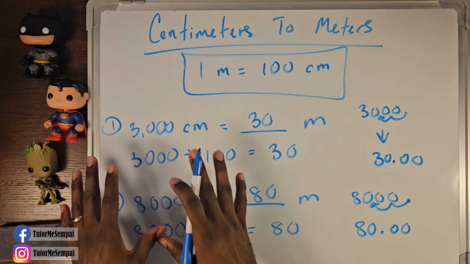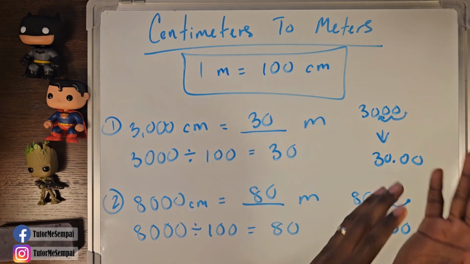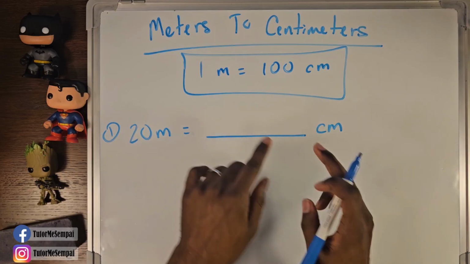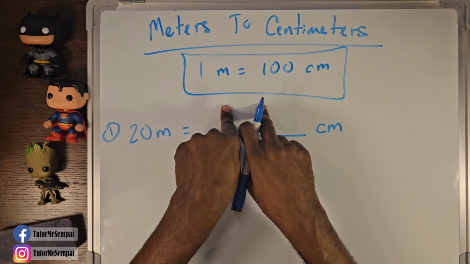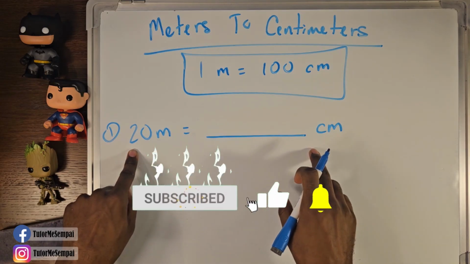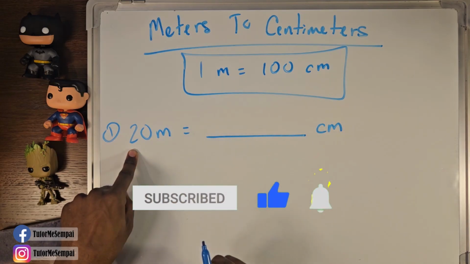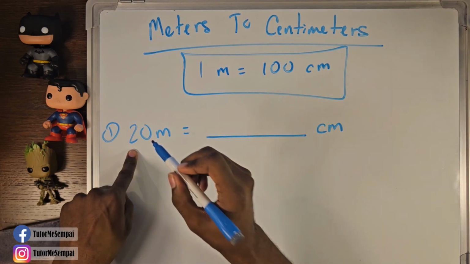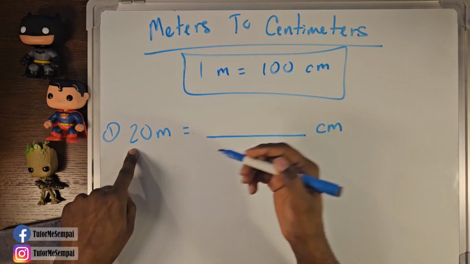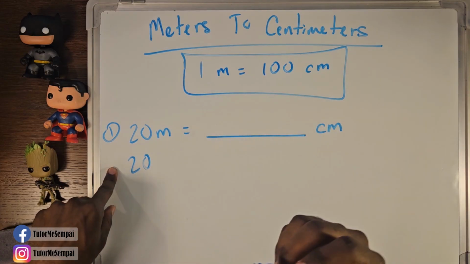But now that we've converted our centimeters to meters, let's go back from meters to centimeters. We're still going to be using our basic unit conversion to do so. So let's say we have 20 meters, and we want to know how many centimeters we have. Well, we have 20 meters, and each meter is going to be 100 centimeters. That tells us that we're going to want to multiply.